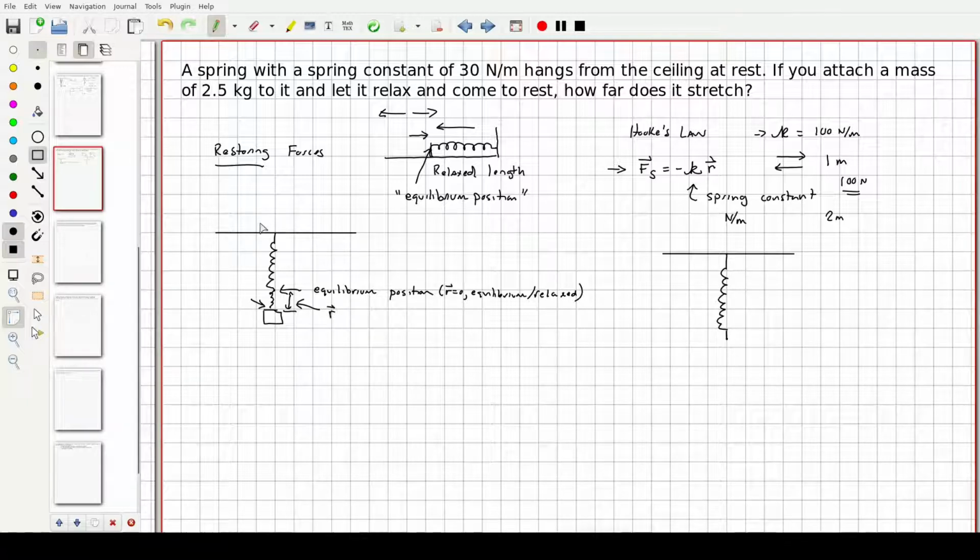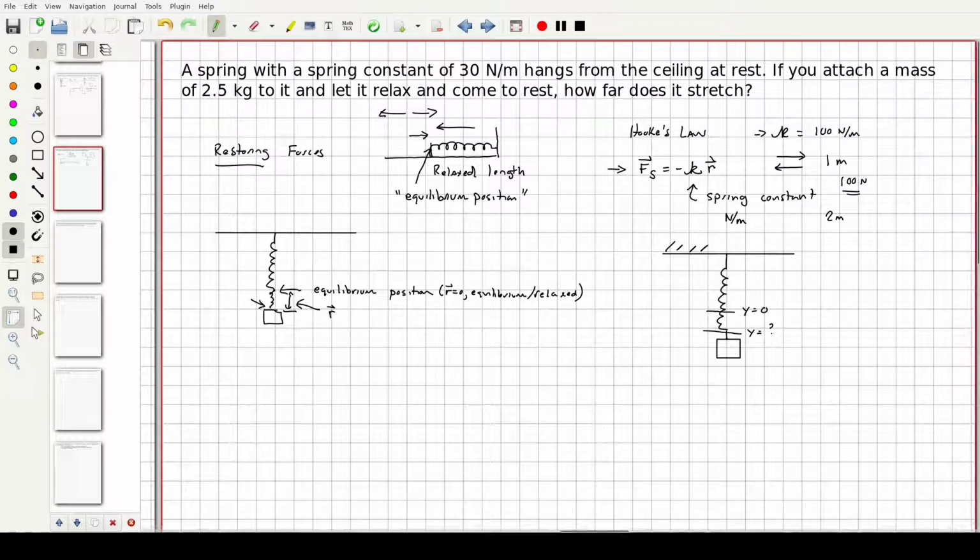Here's the mass hanging off the end. Maybe this right here was the relaxed length. We'll say y is equal to 0 at this point. And right here is going to be its stretched length. This is what we're trying to find.